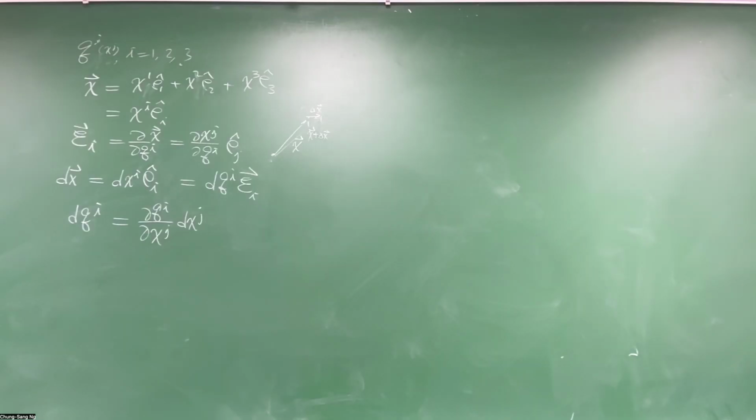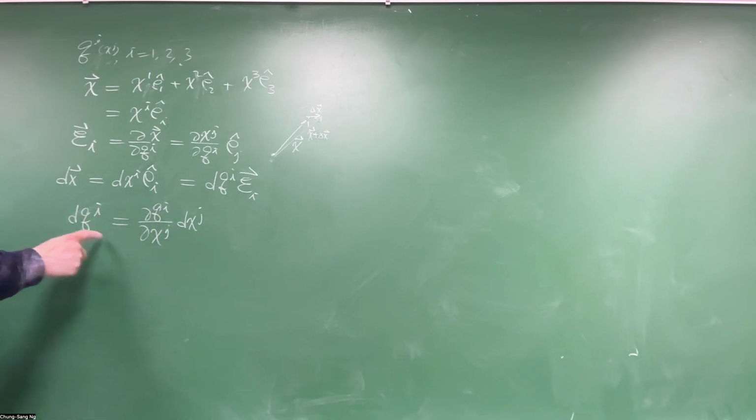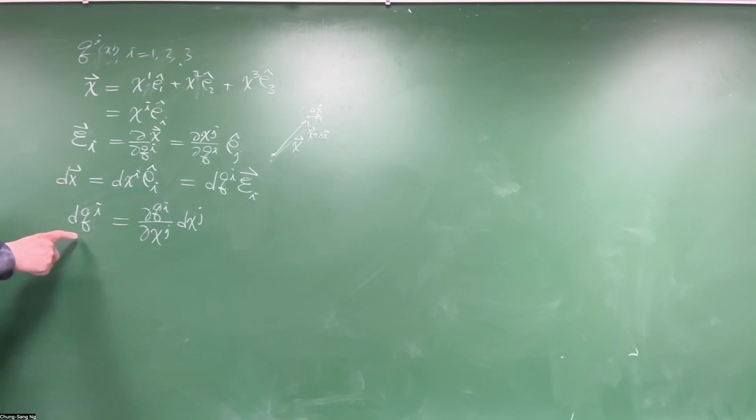Right. And this is how you transform a contravariant component, as we discussed in section 1. This is exactly the same transformation, but you can also look at it as how you do the calculus, how you calculate the differential.